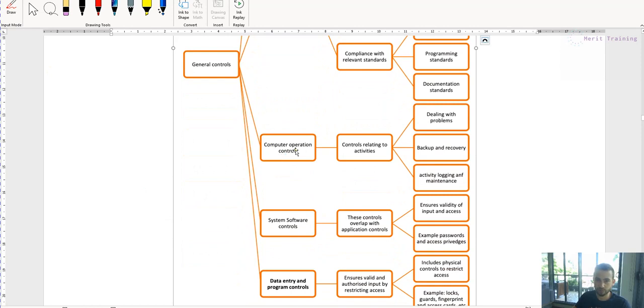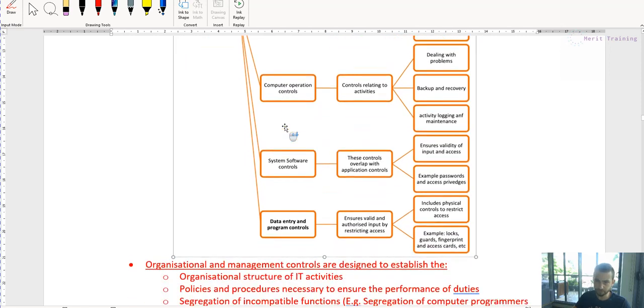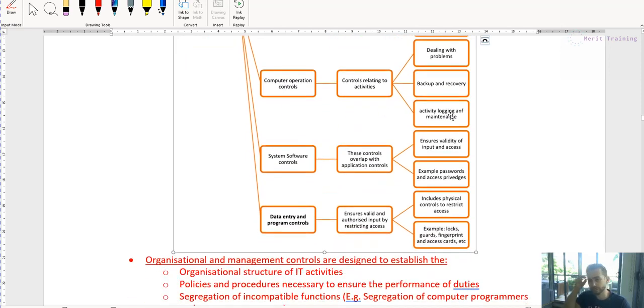Then you've got computer operation controls, which prevent certain things from happening, like backing up and recovering, or activity logging, so we know what's going on and that everything is safe, along with dispute and problem resolution mechanisms. Then you've got system software controls, which are things like, as I mentioned before, when you put in a credit card form, you can only put in numbers and they must follow a certain structure.